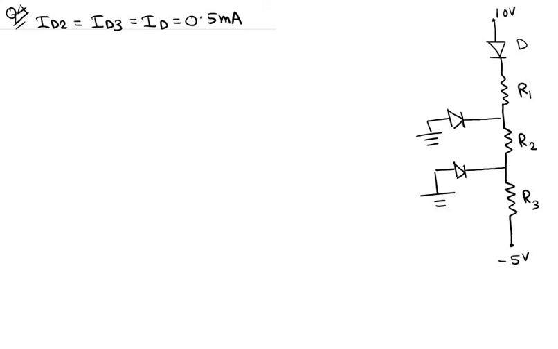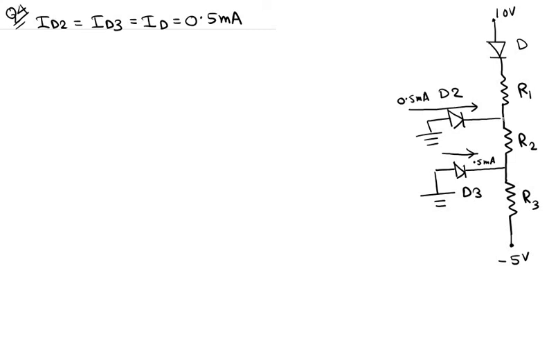So this diode is D2, and this diode is D3, and the current that flows here is 0.5 milliamps, and again this current flows here, which is again 0.5 milliamps over here.